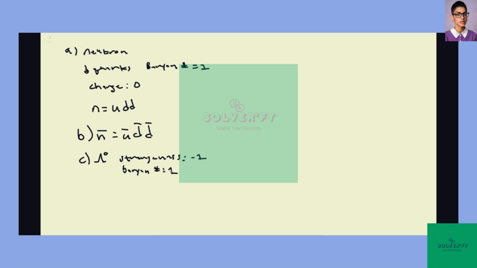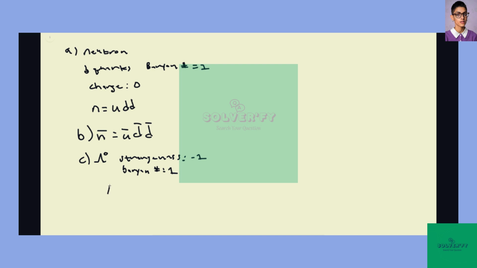So it must contain 3 quarks in order to add up to a total baryon number of 1. It also must have no charge because it's neutral, and also it has no bottomness, topness, or charm.